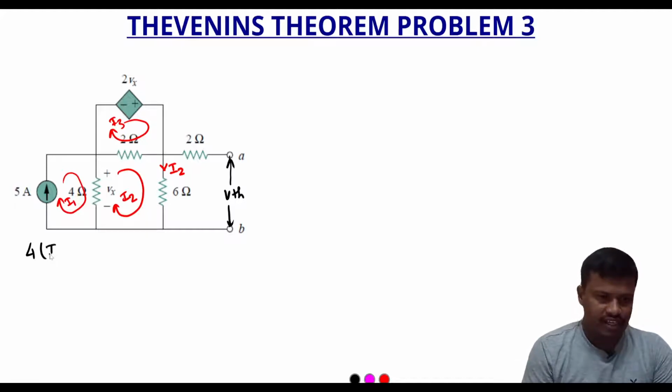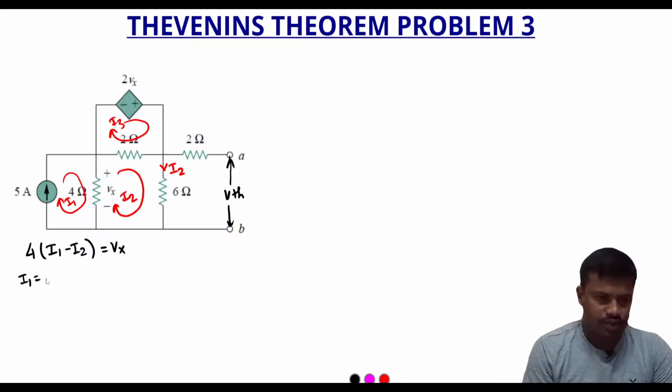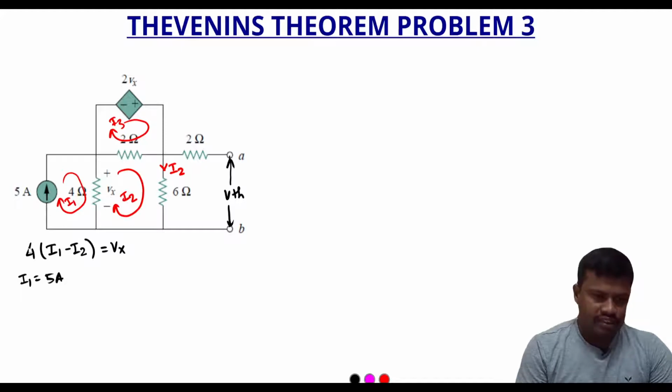So we can write 4 into (I1 minus I2), which is equal to Vx. In this loop we also notice that the value of current I1 is equal to 5 amps. The equation 4(I1 minus I2) equals Vx, let us say this is equation number 1.